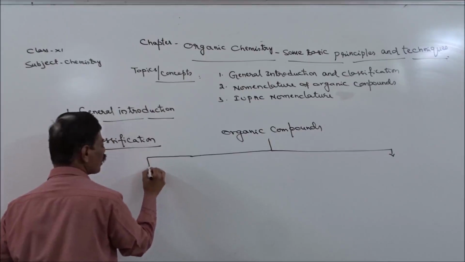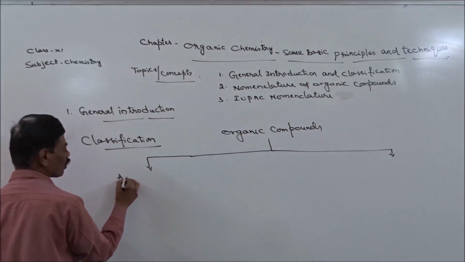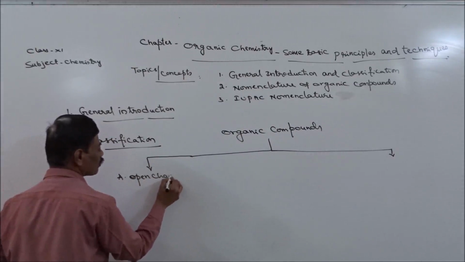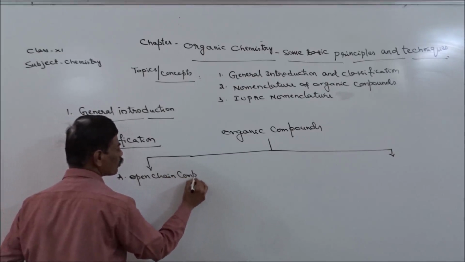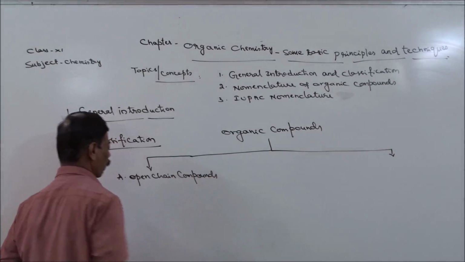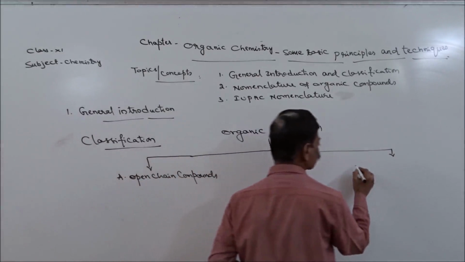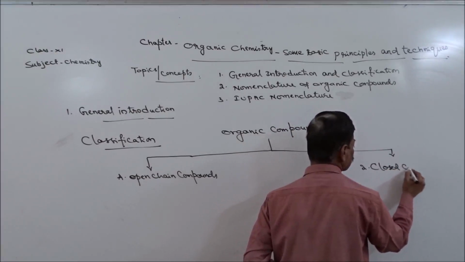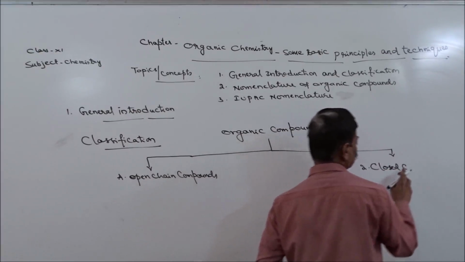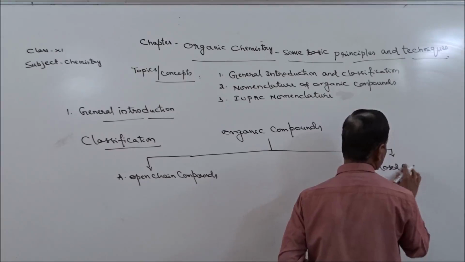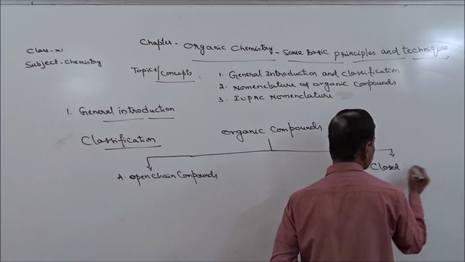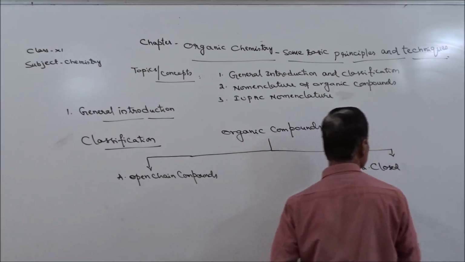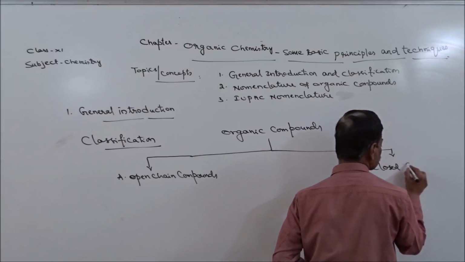What are those two types? Number one is open chain compounds. Number two, closed chain compounds or closed structures, we can say.